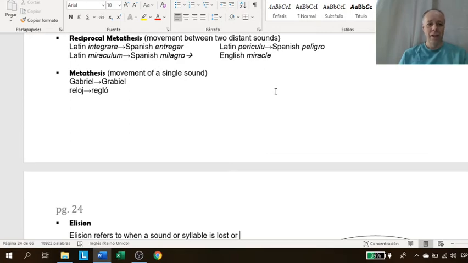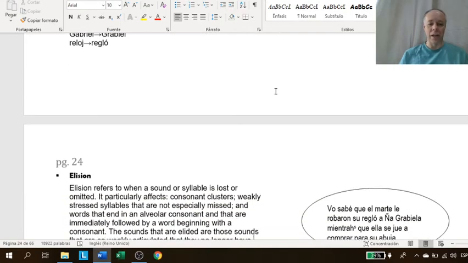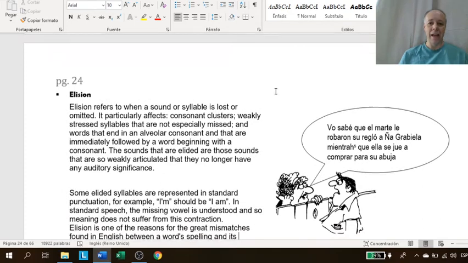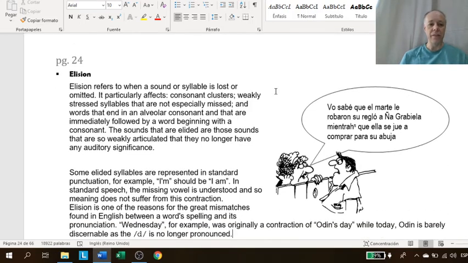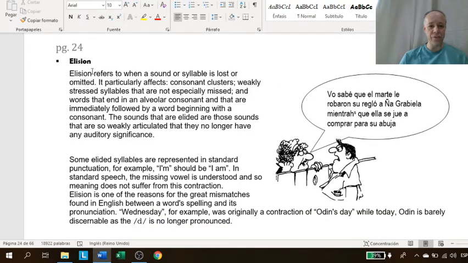And the last concept is elision. Elision means deletion, erasing. Elision refers to when a sound or syllable is lost or omitted.